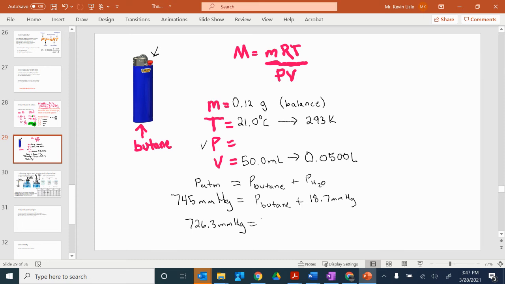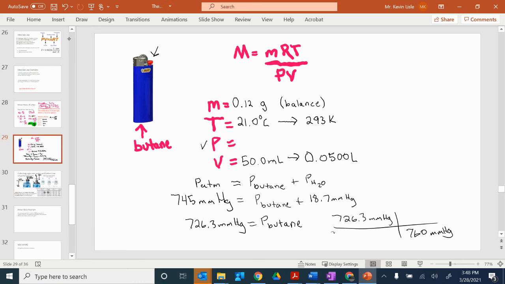But we have one more issue. And that issue is that we need our pressure measurement to be in atmospheres. And so what we're going to do is convert that pressure into atmospheres using a conversion that we're already aware of. We know that there are 760 millimeters of mercury in one atmosphere.